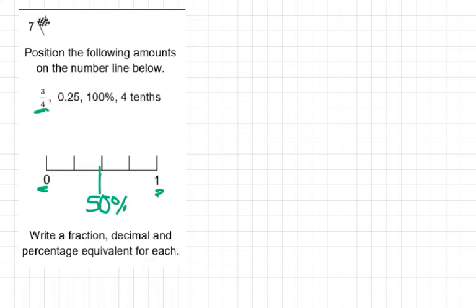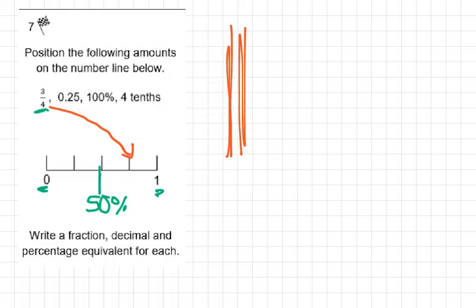Well, if this is my halfway mark, this is my quarter, so my 3/4 will be over there. 0.25. That means I've got 2 10 sticks and 5 hundredths. That's the same as a quarter. So that one would go there, quarter of the way through.